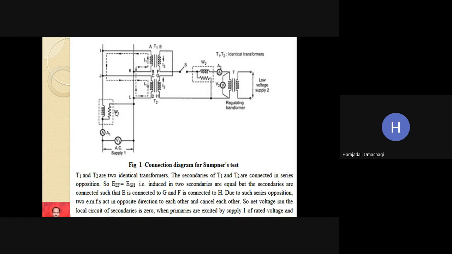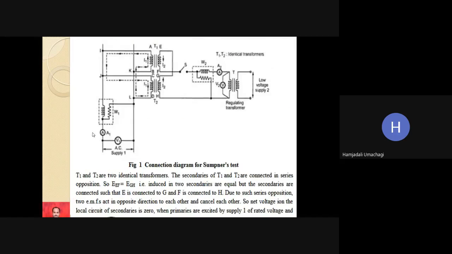Whatever W1 we have got, suppose if it is 50 watt, then 50 by 2, so 25 watt will be the iron loss of the T1 transformer. The remaining 25 watt will be the iron loss of the second transformer. So W1 by 2 will give the iron loss of each transformer. That is the meaning. So now we have conducted the open circuit test. Then how to conduct the short circuit test, that you can see here.